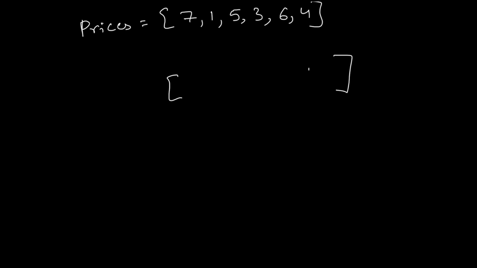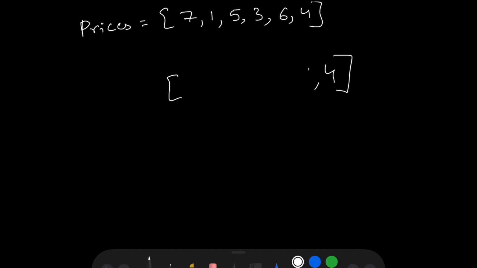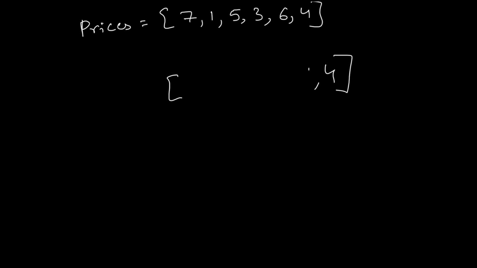Suppose we start from the back, we have 4. Now we want to see which is the maximum between 4 and 6, which is 6. Then between 3 and the last maximum 6, it's 6. Between 6 and 5, 6. Between 6 and 1, 6. Between 6 and 7, 7.